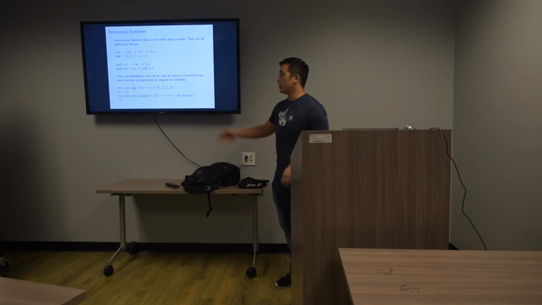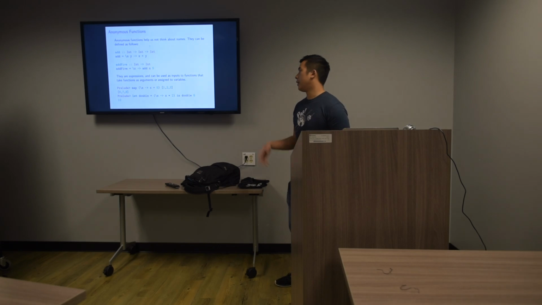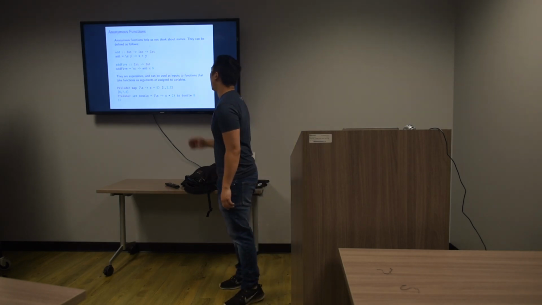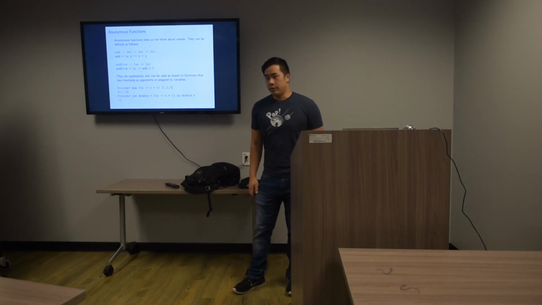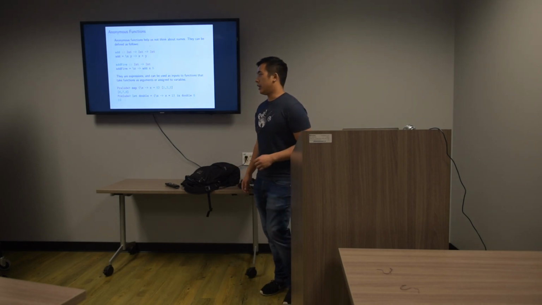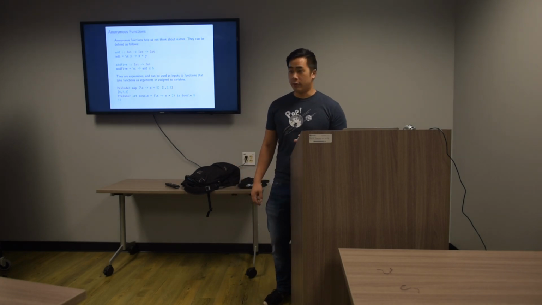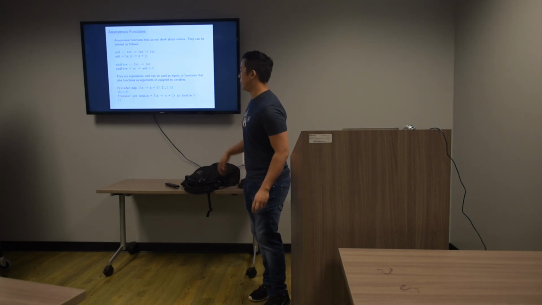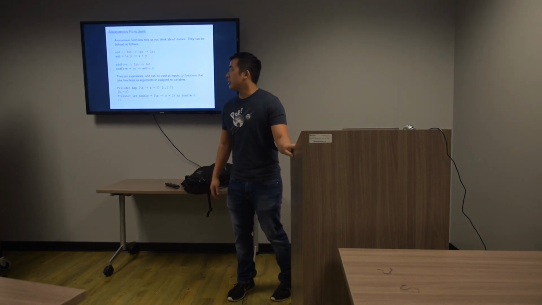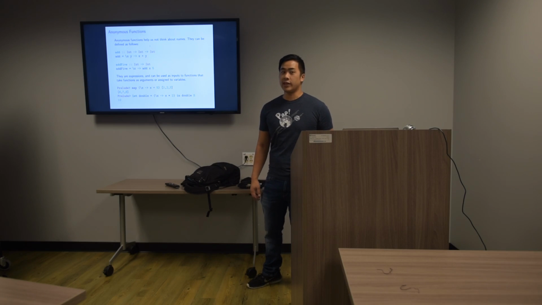Anonymous functions, we already saw many examples of these, but I figured I'd formally introduce them and the thinking behind them. As we discussed, there are two hard problems in computer science: off-by-one errors, caching, and also naming things, right? So for anonymous functions, this avoids one of the toughest problems in computer science, naming things.